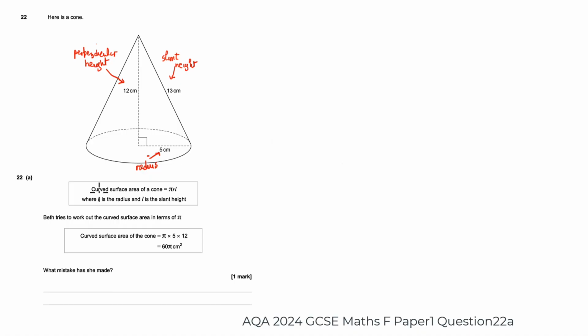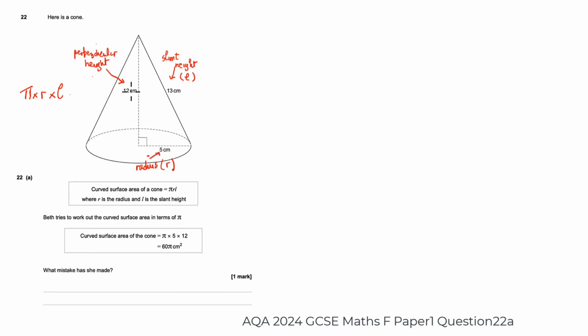Now we're told the curved surface area of a cone is given by this formula: pi times the radius times the slant height, which is called L. Pi times r times L. That's the radius. That's the slant height.